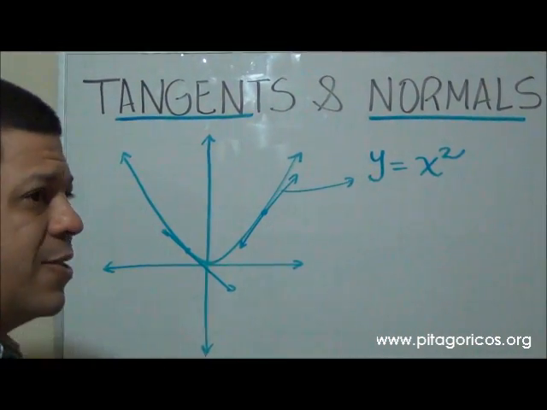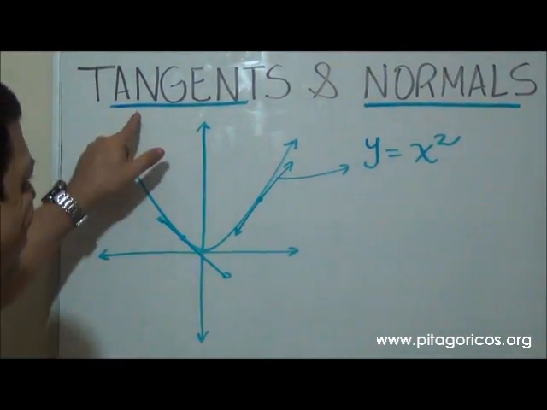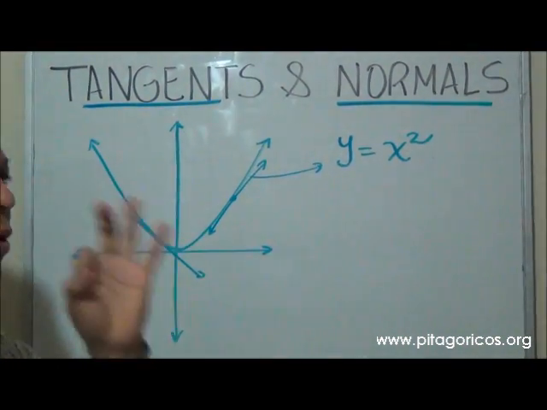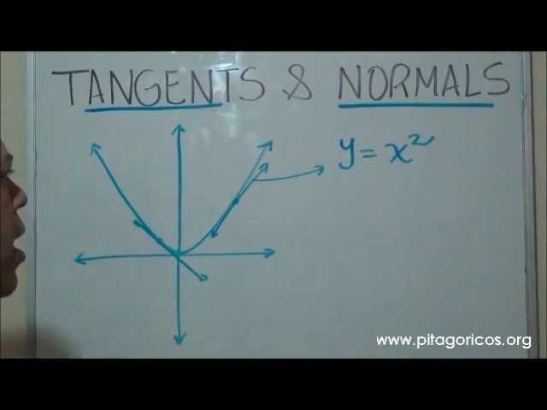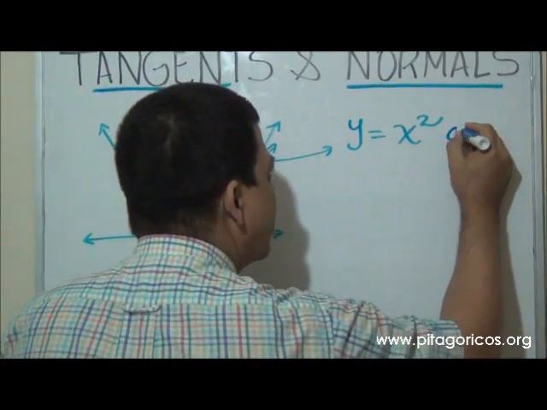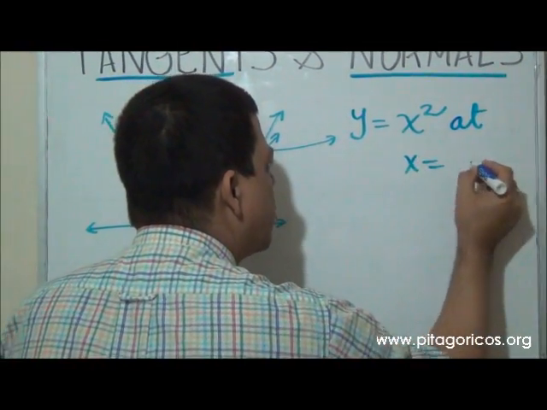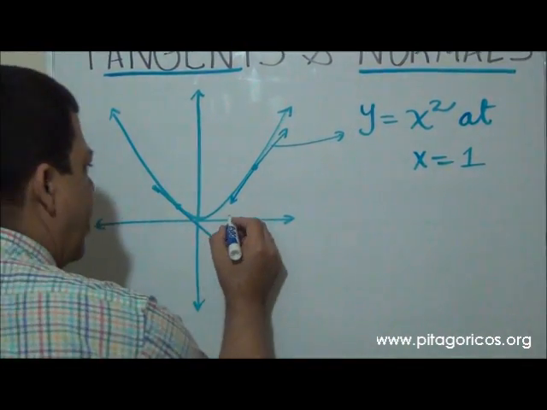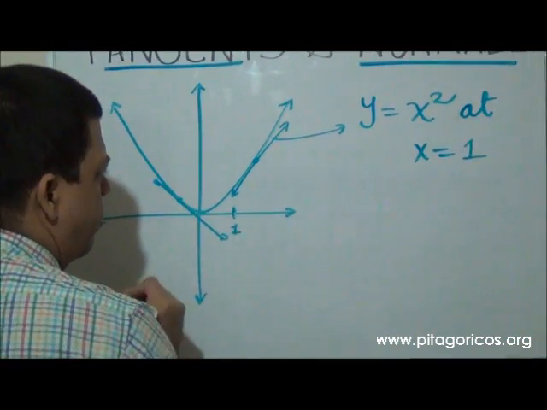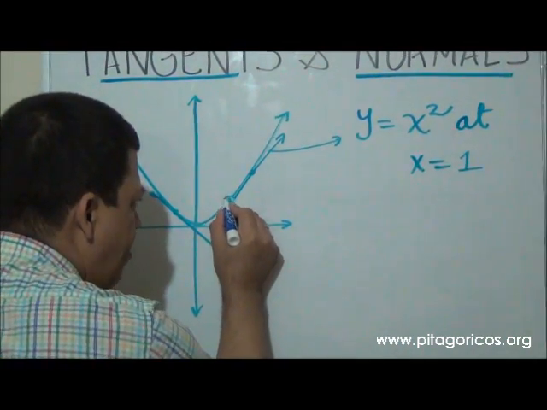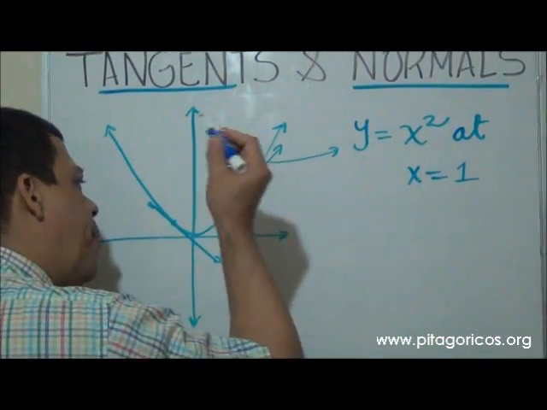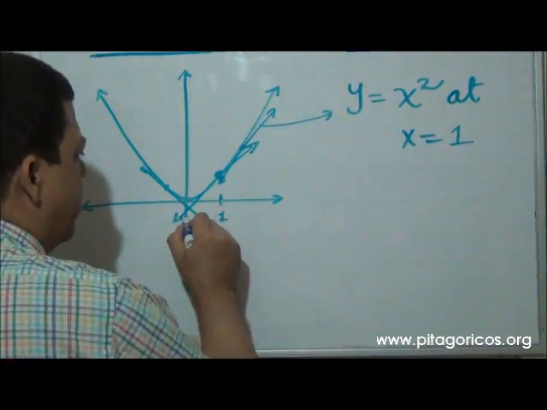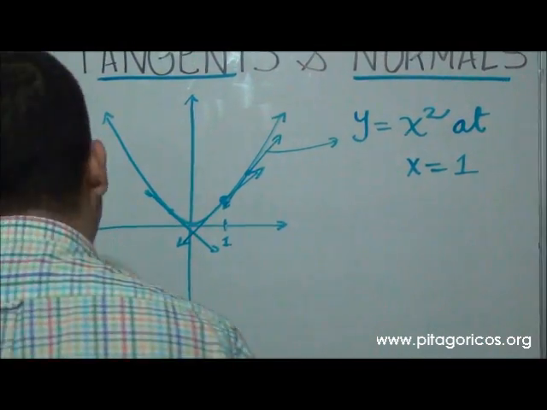So if the exercise says that we have to find the tangent to this curve y equals x squared, we need a point. They have to give us a point. Let's say that the point is at x equals 1. That would mean that when x equals 1, this is the point we are interested in, and consequently, the tangent we are interested in is this one, not any other one.